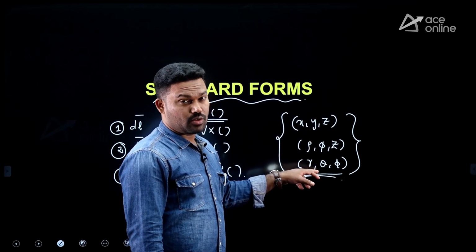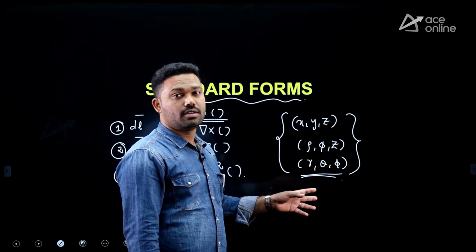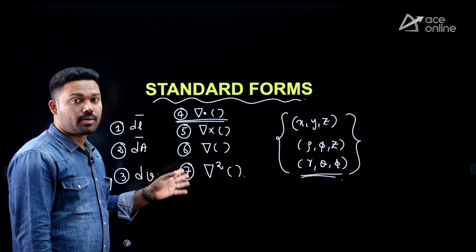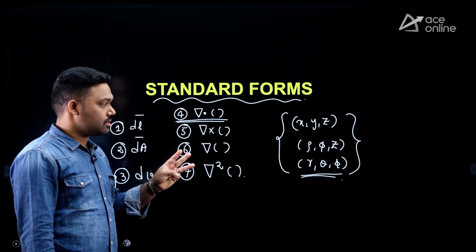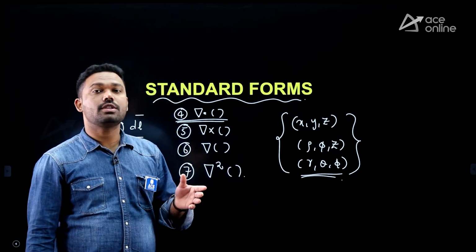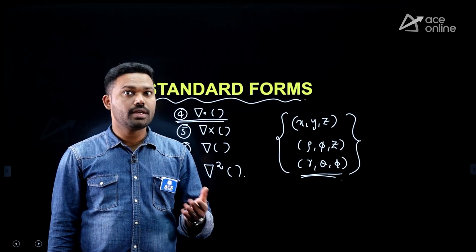But last year there was a question on the spherical coordinate system. There is no other way. You should know all these 7 operators in the 3 coordinate systems. So 7 operators in 3 coordinates, 7 into 3, 21 formulas. Remembering the 21 formulas is a very big headache.